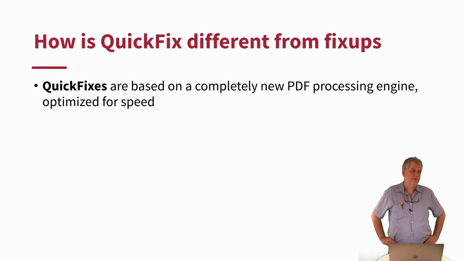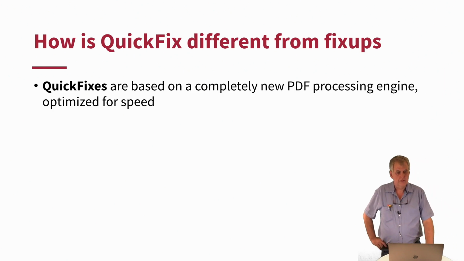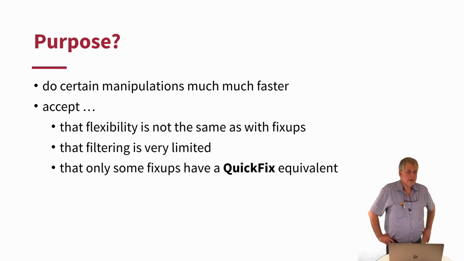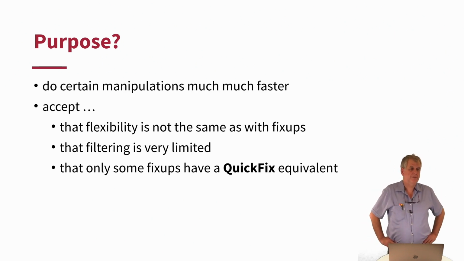And instead of just finding stuff very quickly in the PDF file, it has been designed to also change things in a PDF file. So it's definitely optimized for speed. And the purpose is that we should become able to do certain manipulations much, much faster.